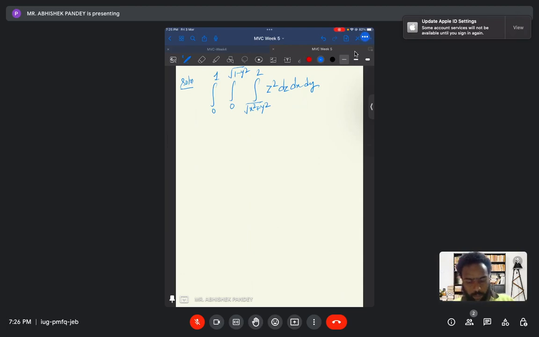So we will change this to cylindrical coordinates. Changing x equals rho cos theta, y equals rho sin theta, and z equals z. So dz dx dy will become r dz dr d theta.